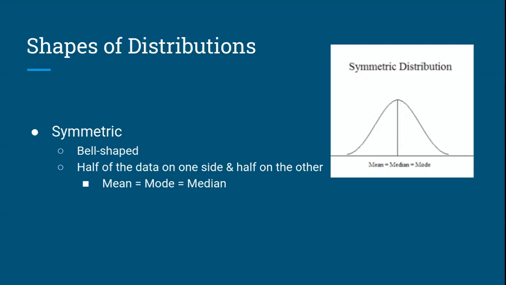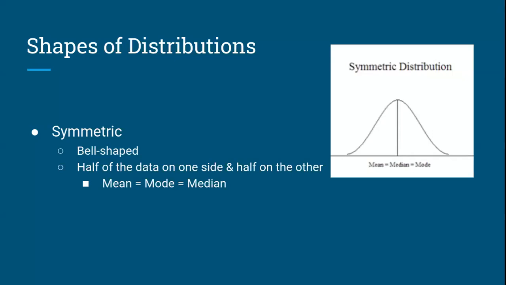The left side mirrors the other side. It is also described as bell-shaped. And in a symmetric distribution, the mean is equal to the mode is equal to the median. So if you have a symmetric distribution and the question asks, what is the best measure of center?